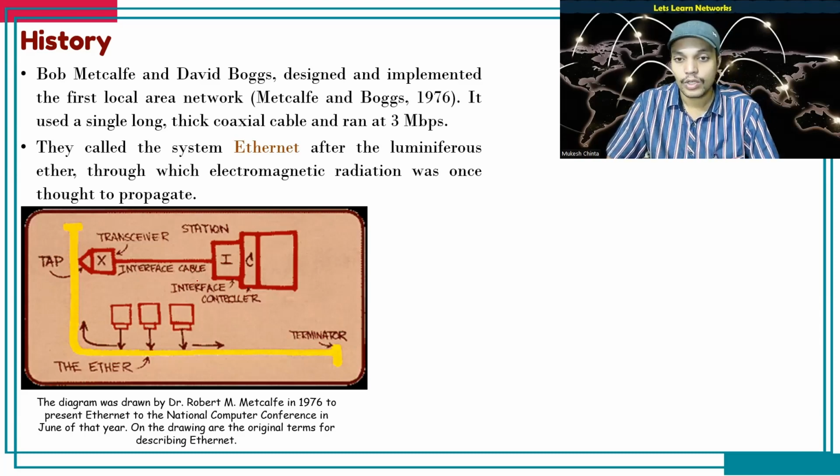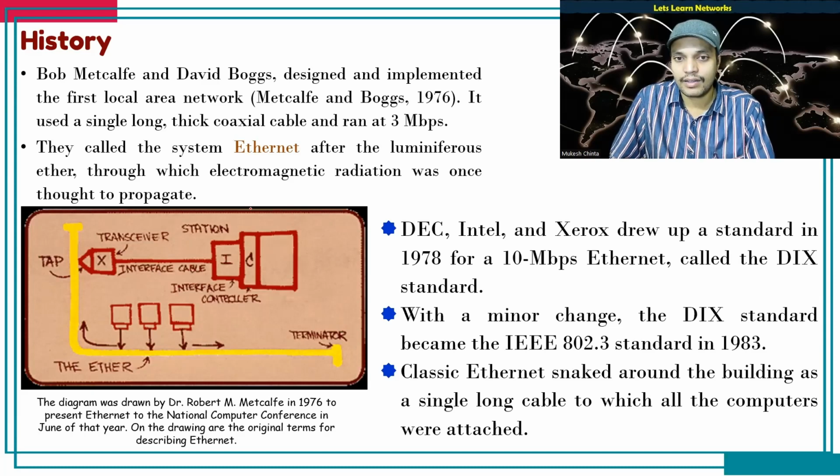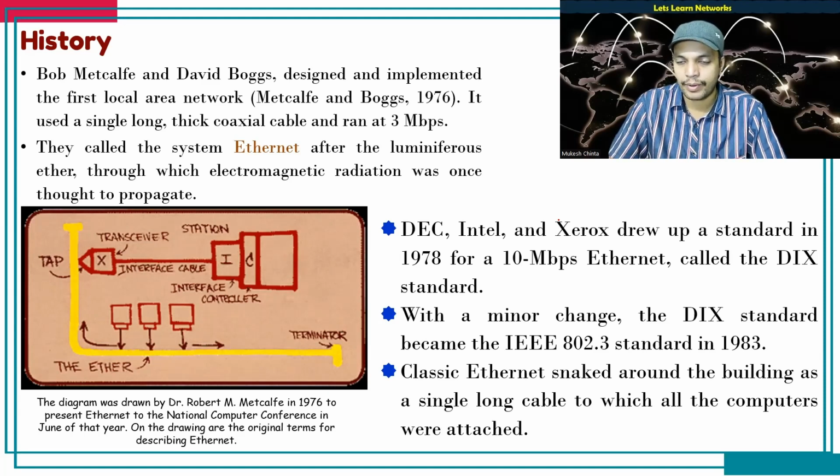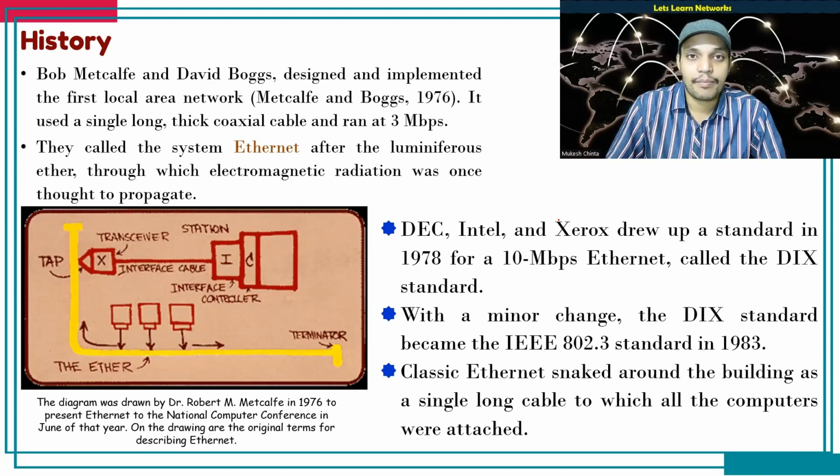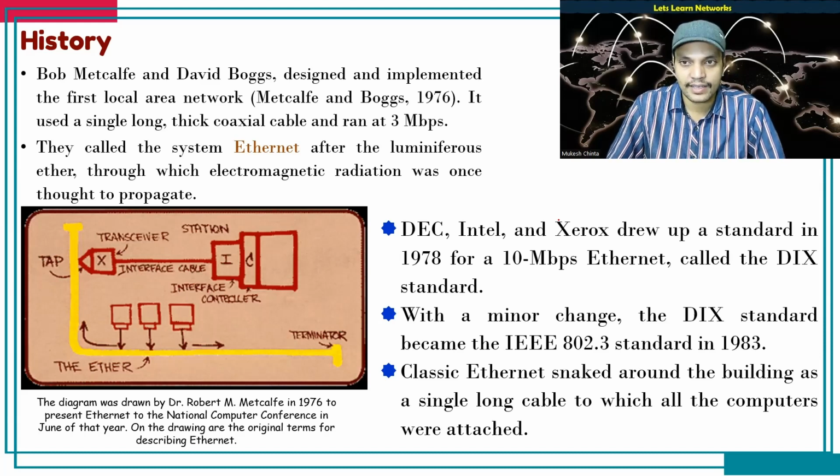Now, DEC, Intel, and Xerox are three companies. They drew up a standard in 1978 for a 10 Mbps Ethernet called the DIX standard. They also defined a frame format for this Ethernet, which we call the DIX standard for Ethernet.